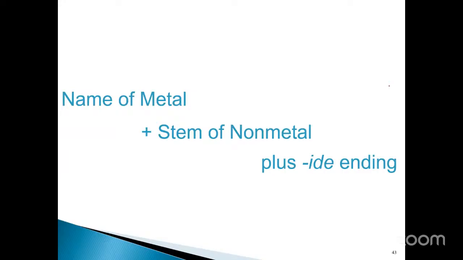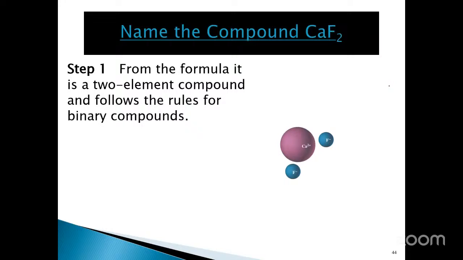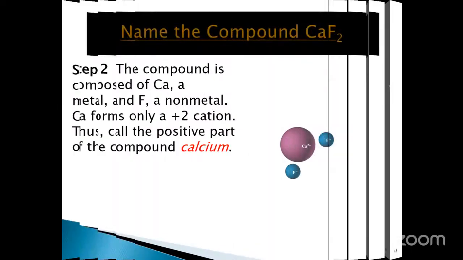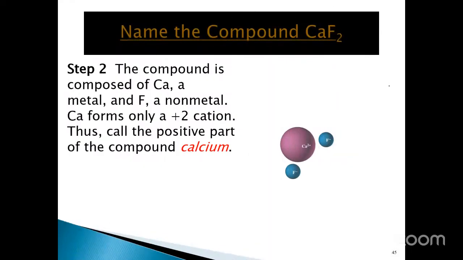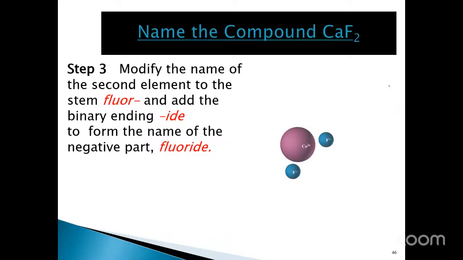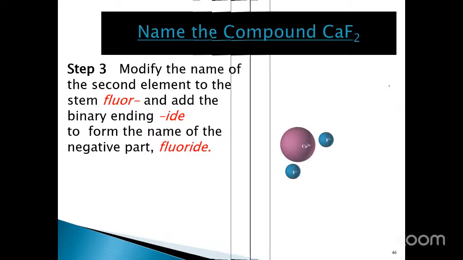What you're looking at here is a summary of how you go about naming binary ionic compounds. So for example, in the case of CaF2, the first part is calcium, right? And the next part is fluoride, right? So the name of the compound is calcium fluoride. And that's it. All right.